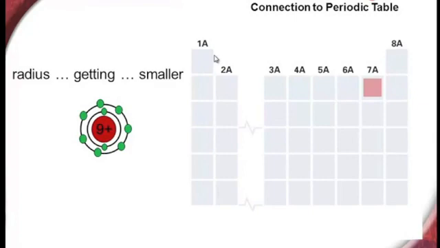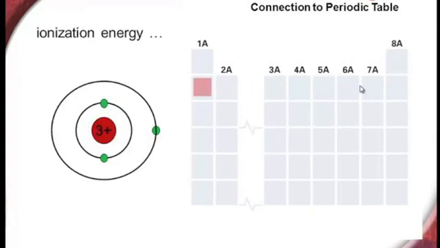Why does the atomic radius get smaller as we go to the right? Geez, we're adding electrons. Shouldn't that make the atom bigger? You think so, but if you're really considering the physics of the electrostatics that are going on between the nucleus and the electrons, this contraction makes very good sense. Okay. Now, what about ionization energy?